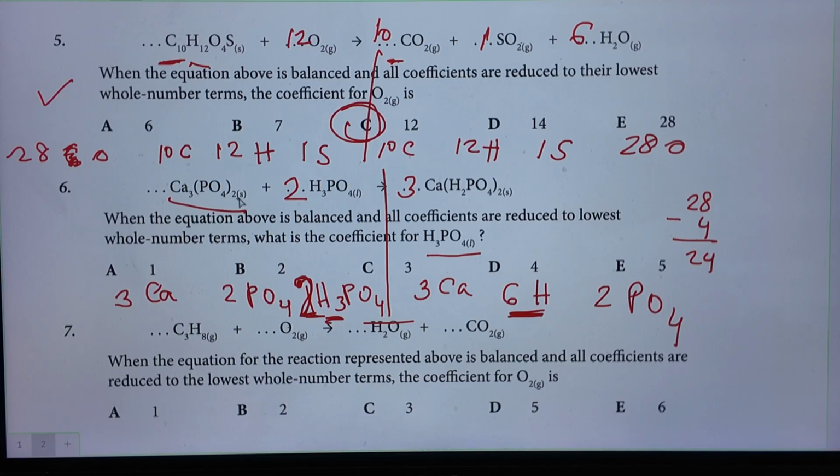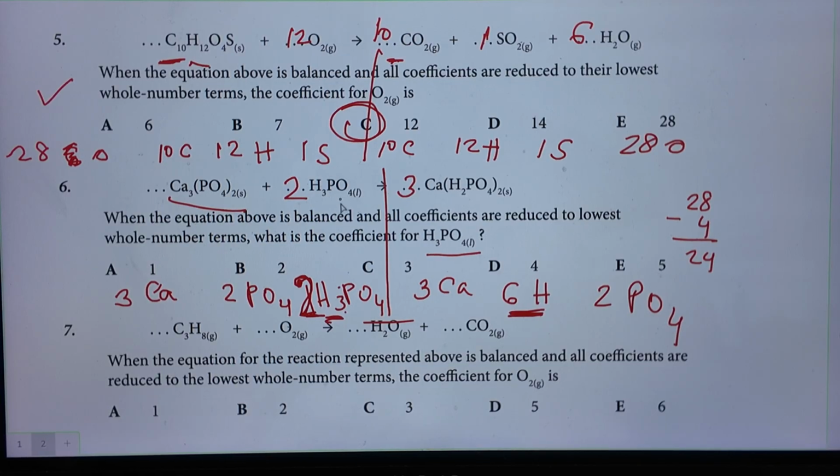We have 2 PO4 things, and 3, but here we would have Ca, there's 3 of these, there's 2 of these, there's 2 of these. All coefficients are reduced. And then we have 3Ca H2PO4. Would that balance it? 6. That would give us 6 hydrogen. But the PO4s here would double.